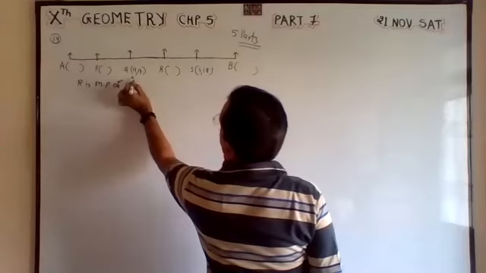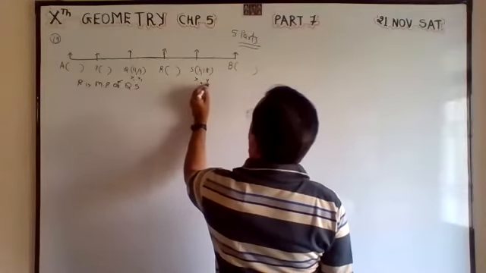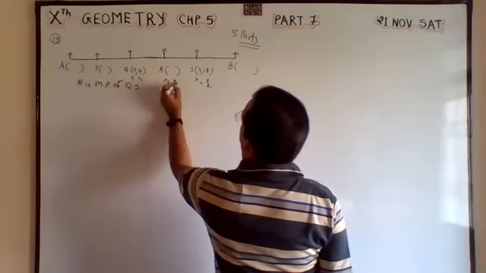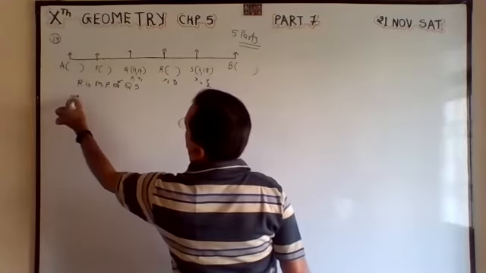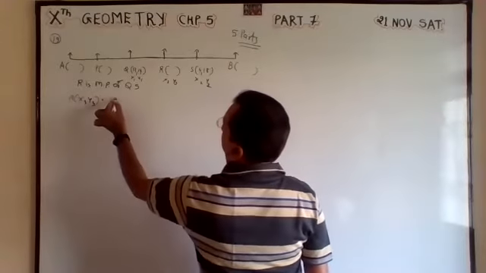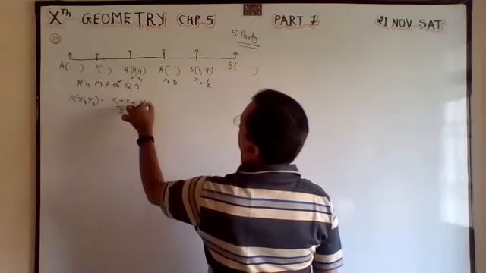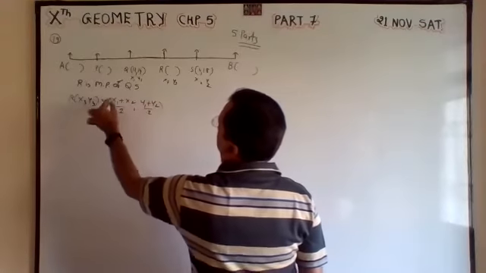So take this x1, y1, x2, y2, and this is x3, y3. So R, x3, y3, is equal to x1 plus x2 divided by 2, y1 plus y2 divided by 2.